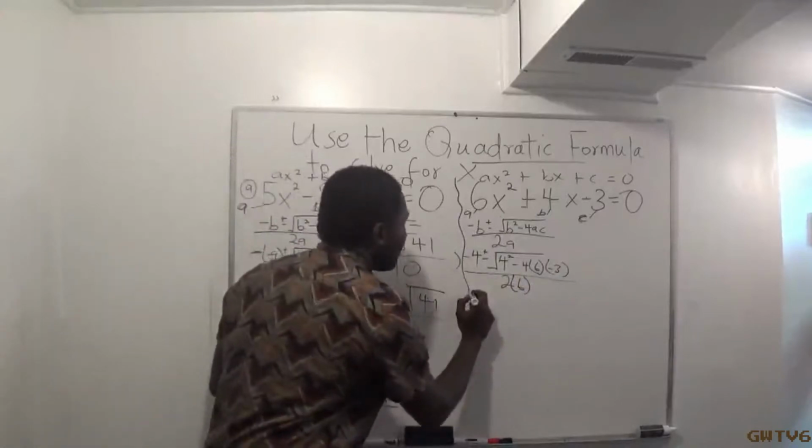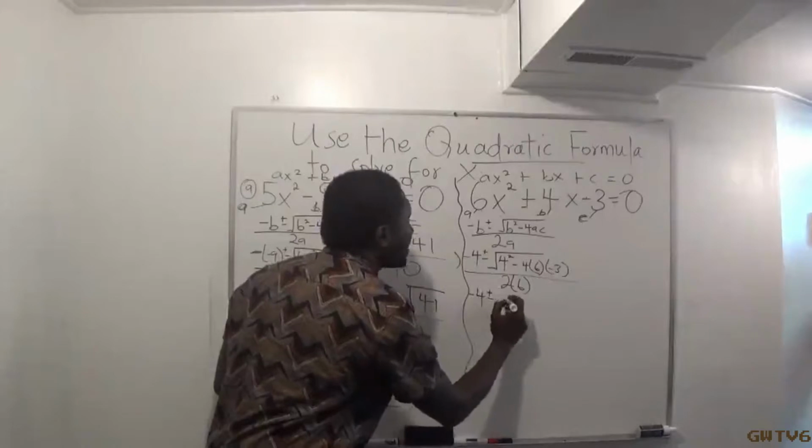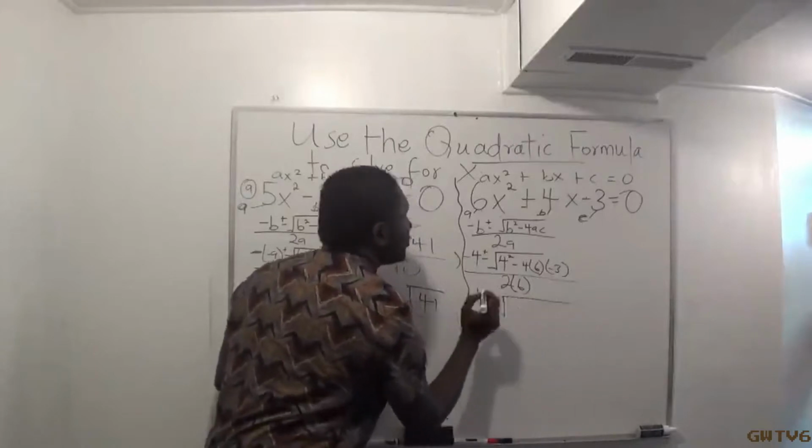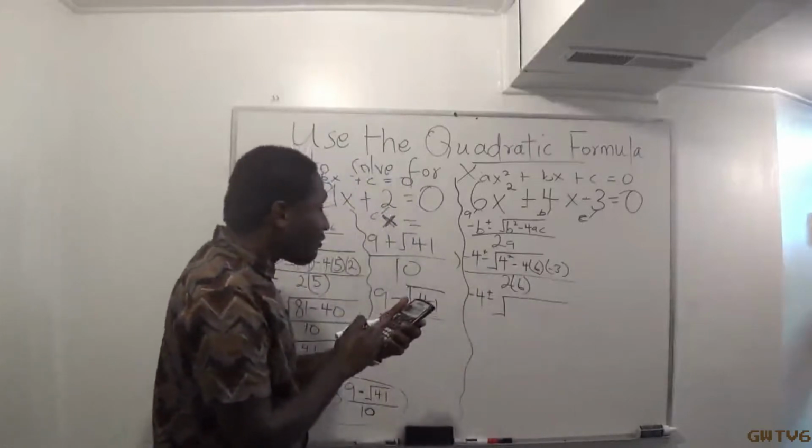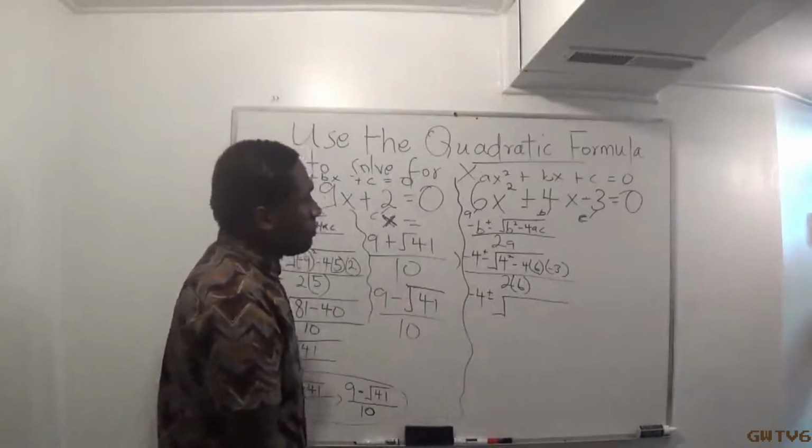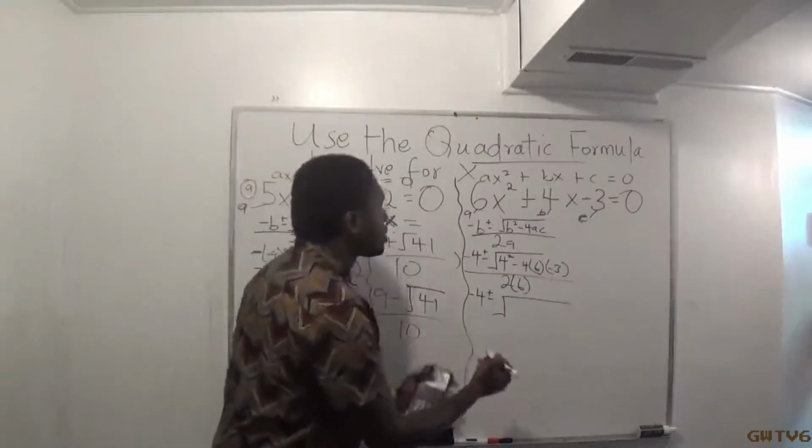So I have negative 4 plus or minus the square root. 4 squared means 4 times 4, which is 16.